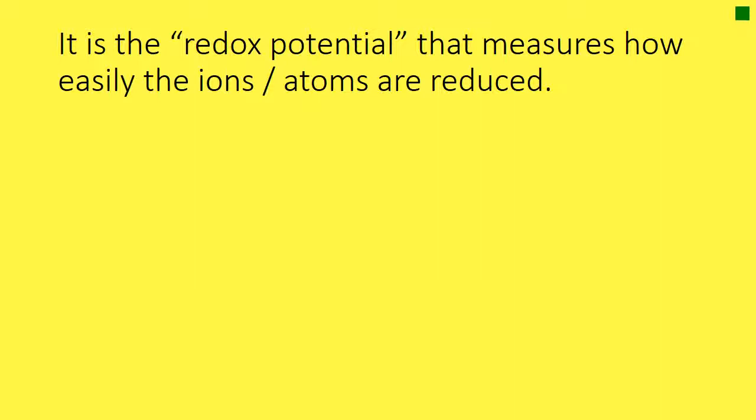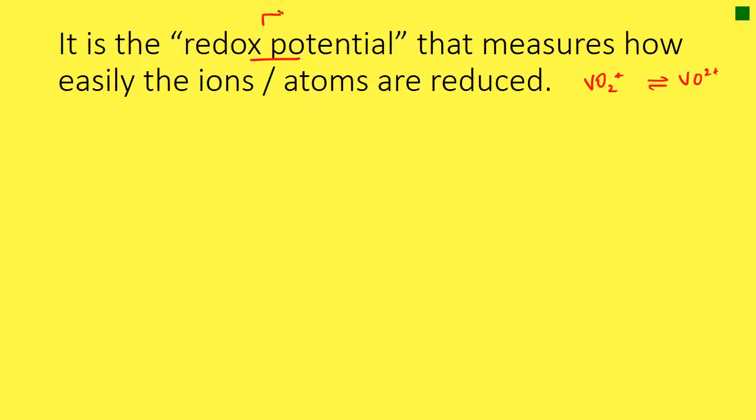So just to give an example, we reduced our VO2+ to a VO2+ ion, and we were interested in how much does that want to happen, and it's the redox potential that measures the tendency of that to happen.